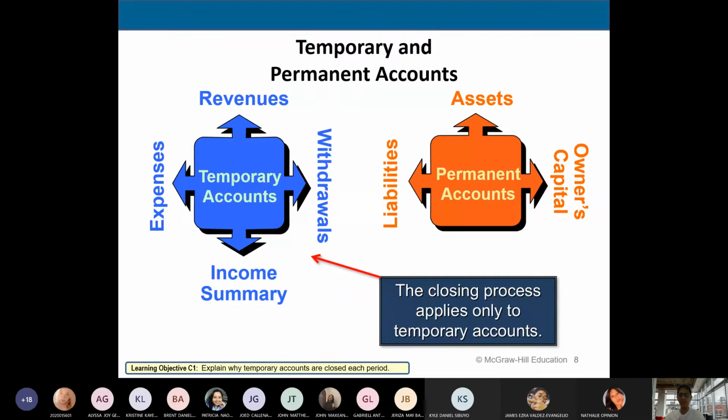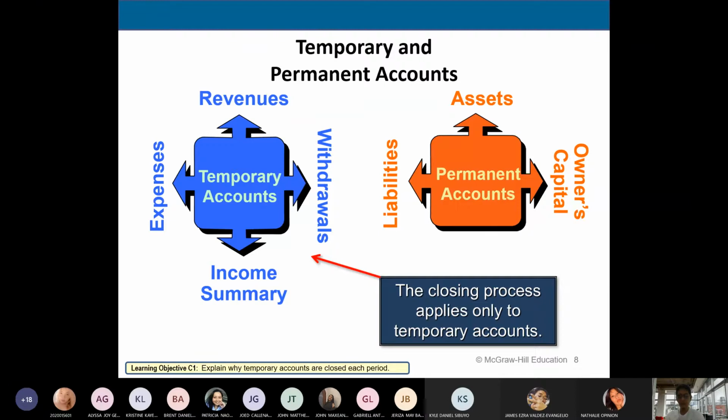So, hanggat hindi na-zero out itong mga balances nitong permanent accounts na to, i-carry over natin siya into future periods. Okay? So lahat ng asset accounts hanggat may balance, liabilities at owner's capital hanggat may balance yan, makikita at makikita natin yung mga figures na yan or mga items na yan sa mga future periods. Okay?